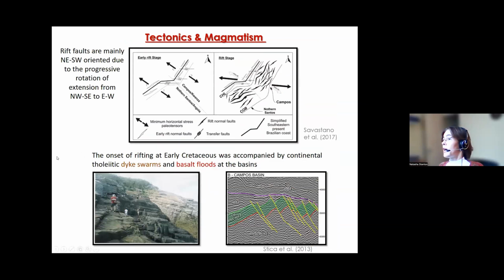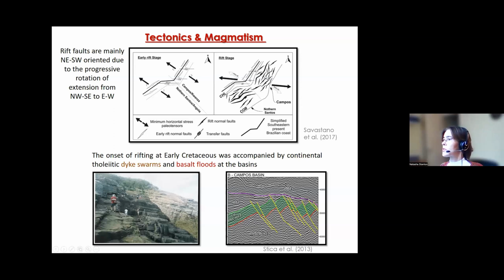At the onset of rifting, the South America plate rotated clockwise, and this progressive rotation created first northwest-southeast extension, and then later, in the middle of the rift stage, a more east-west extension.